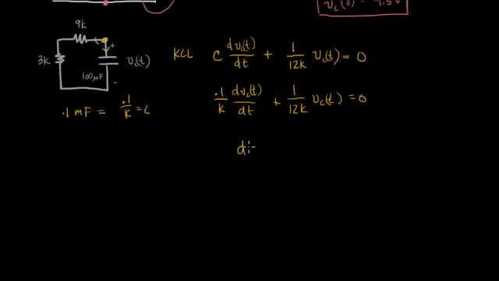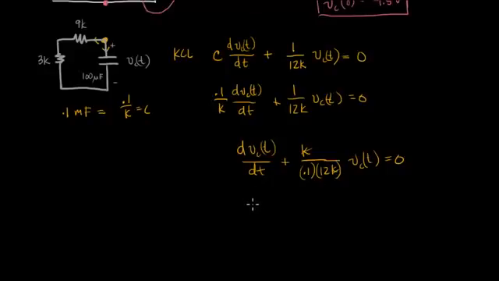We get dVC(t)/dt plus K over 0.1 times 12K VC(t). The Ks cancel, and what we are left with for our standard form equation is dVC(t)/dt plus 1 over 1.2 VC(t) equals 0.